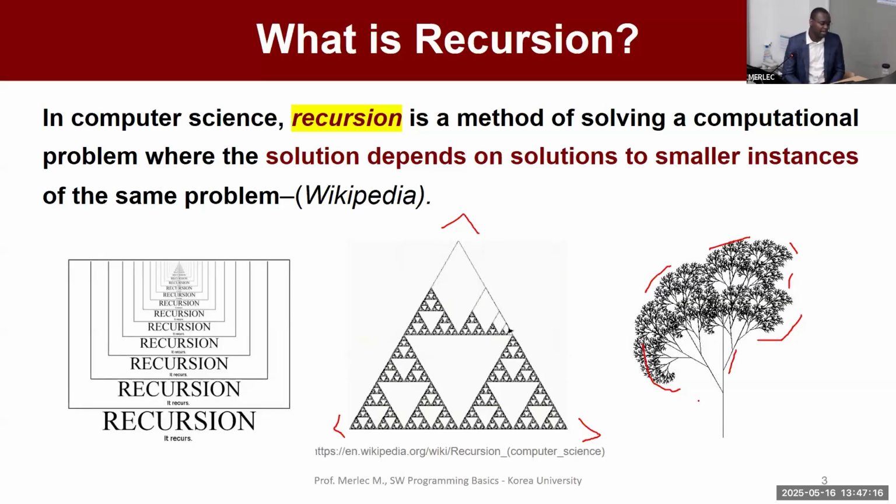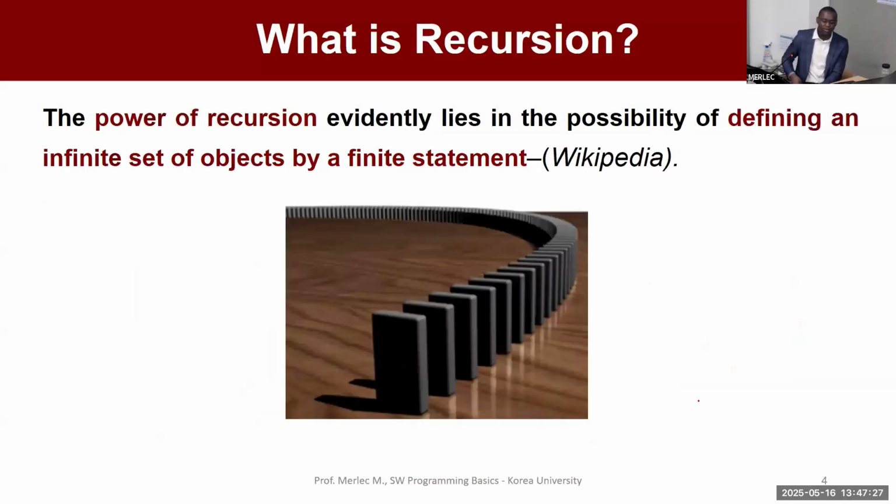So these are kind of illustration of recursion problems that can be resolved. The power of recursion is its possibility to define an infinite set of sub problem solutions by infinite statements. Like you have a situation where you have to repeat the same process again and again.